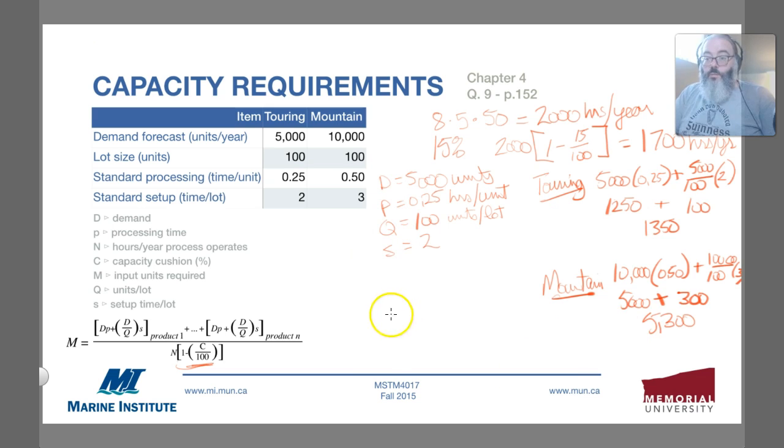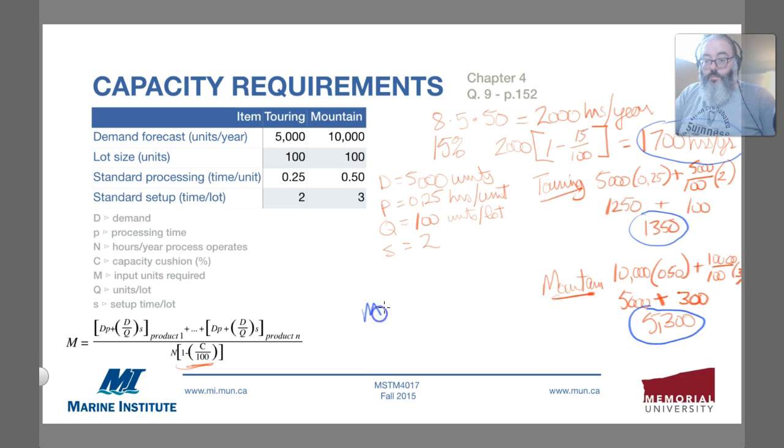So now to find out the number of units that we need, we take all of the things that we have thus far calculated. So essentially we're going to take our 1,700 hours per year, our 1,350 hours per year for touring, and our 5,300 hours per year, and we're going to get the number of machines that we need.